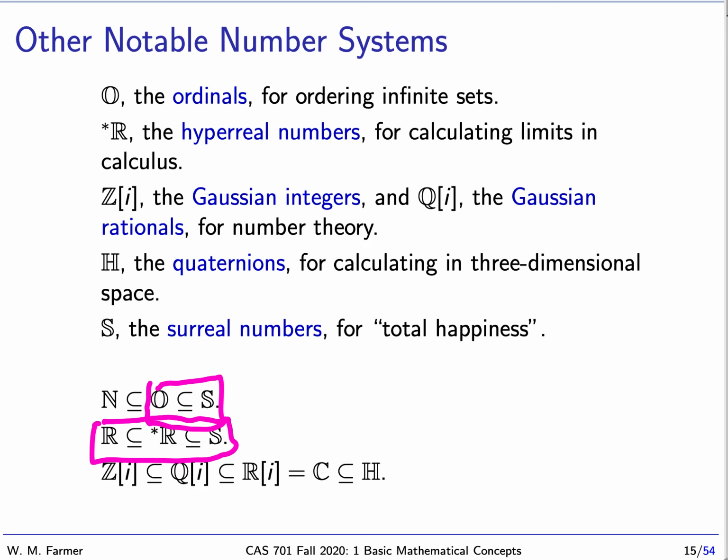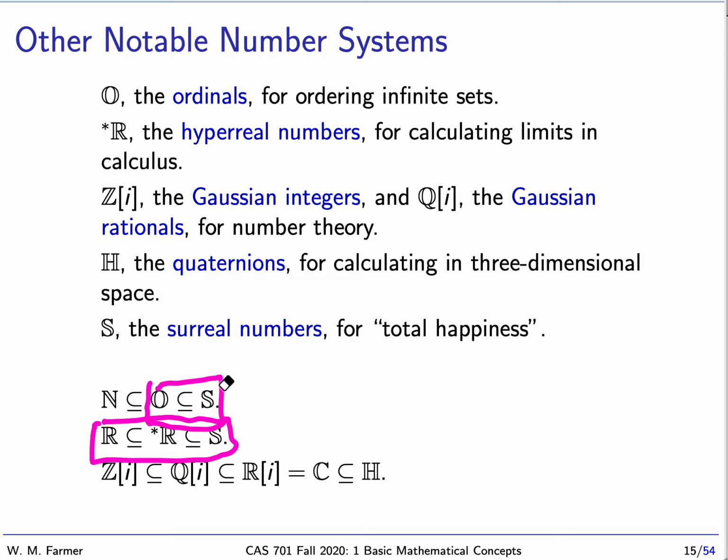Every other ordered field is going to be a subfield of the surreal numbers. They're interesting. One of their applications is to studying different kinds of games. That's why John Conway was interested in them. But they're really more of a curiosity for computing. Same way with the quaternions. Quaternions were originally developed for doing calculations in three-dimensional space, but they're mostly a curiosity now.